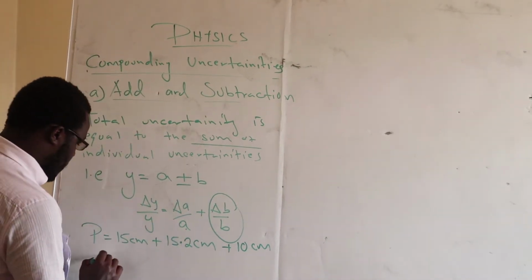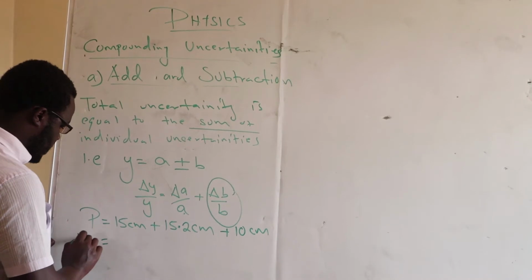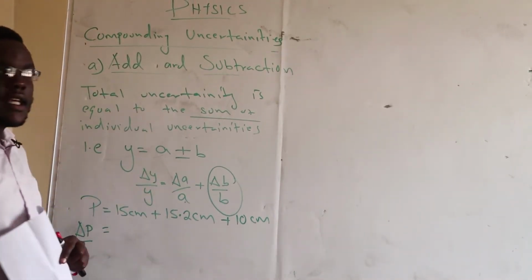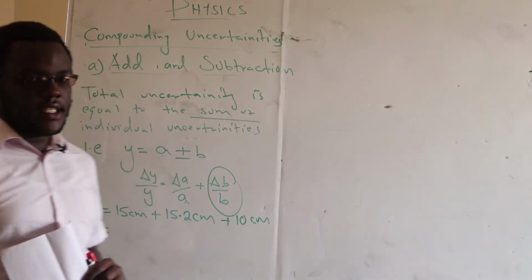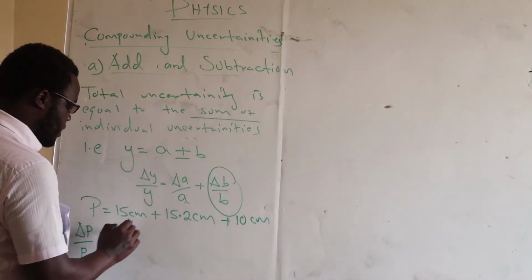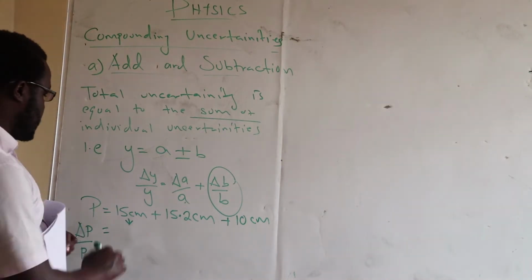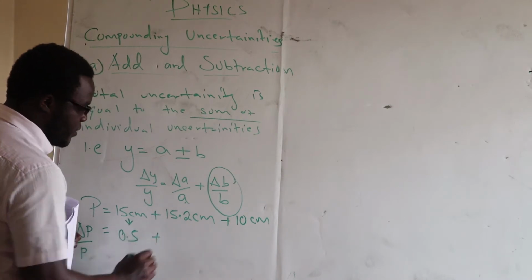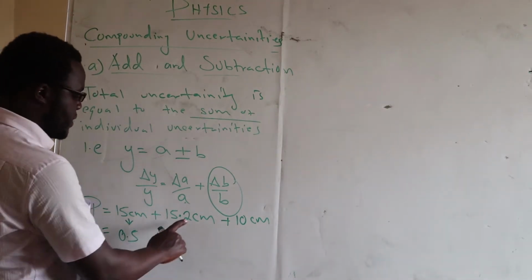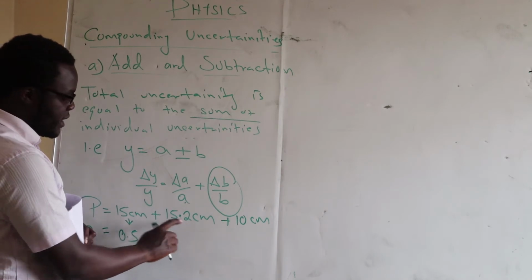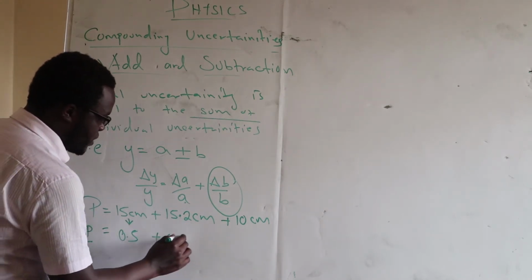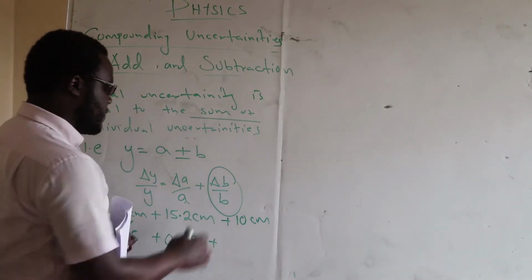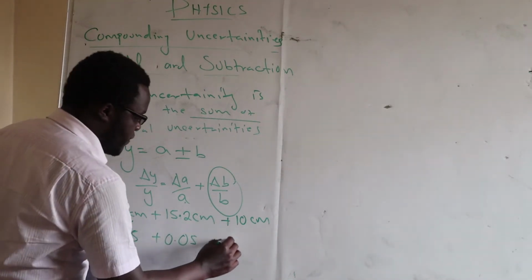So we are going to calculate the total uncertainty or the error involved in the perimeter as the sum of individual uncertainties. For the first case, a half of the smallest place value is 0.5. For the second case, a half of the smallest place value, which is a 10, is 0.05, and for the last part, a half of the smallest place value happens to be 0.5.